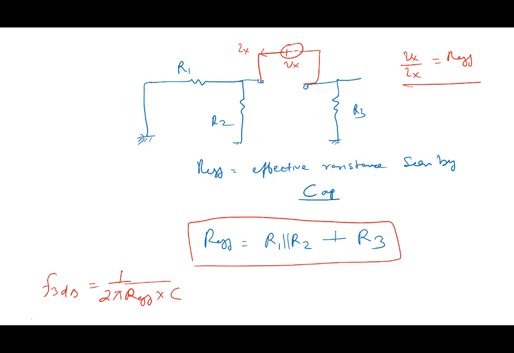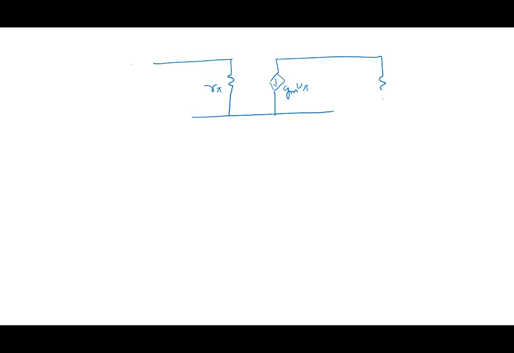Okay, so let's come back to our circuit here. Remember this circuit that we've been talking about? R pi, gm V pi, RC, V naught.